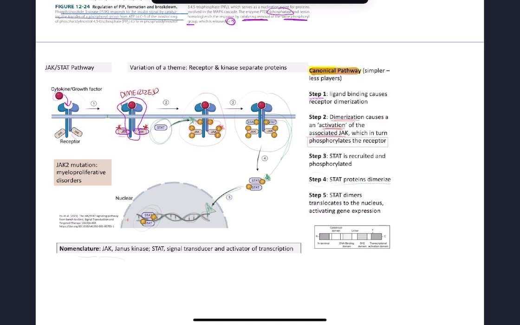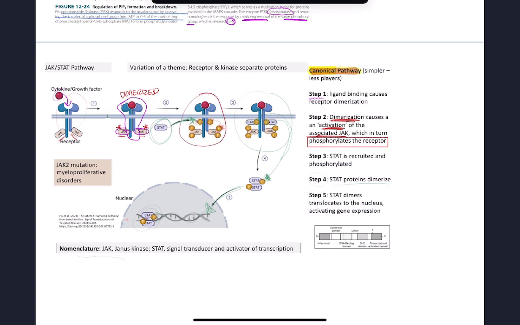Not the greatest picture because these kind of look dimerized already, but I guess this is just more dimerized. If you look at the JAK's positioning, you can see they're kind of different. Anyway, that dimerization causes an activation of the associated JAK, which we just did, which in turn phosphorylates the receptor. Okay, that's new. So we see that over here.